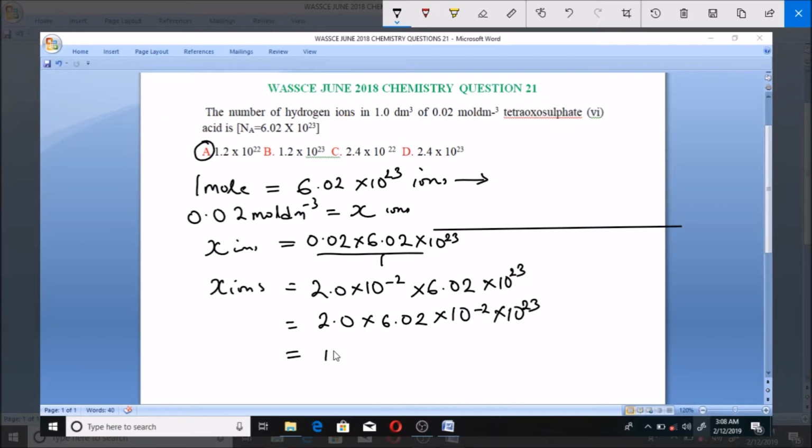And this now we can say is the same thing as 1.204 times 10 to the power 22. So we can actually approximate this to 1.2 times 10 to the power 22. So this is the answer to this problem, and this is actually option A. So that's how we come about this option A.